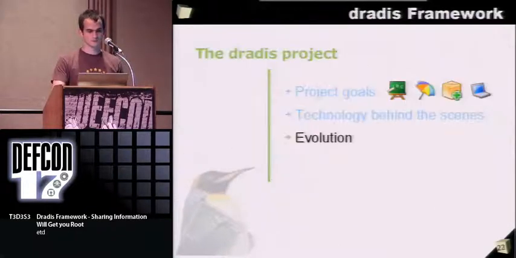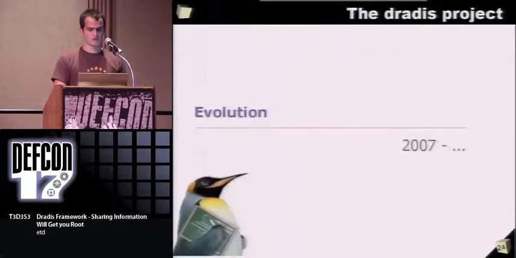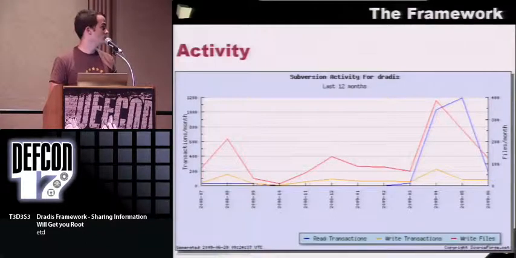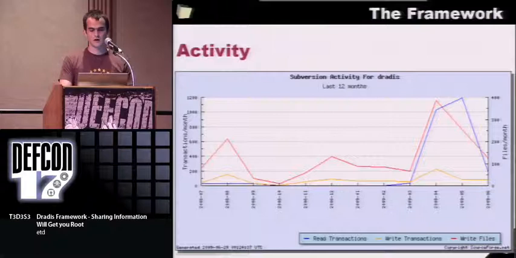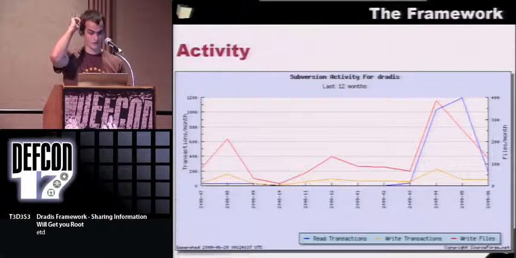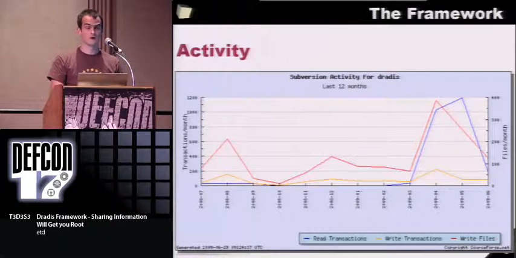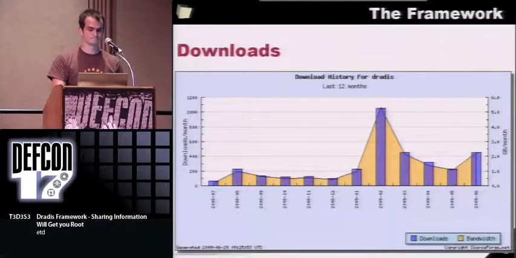So since 2007, we've been quite active, and since the release of the 2.0 version in February this year, we are getting some traction. There are lots of people using it, and we are also getting contributions from groups and companies around the world.